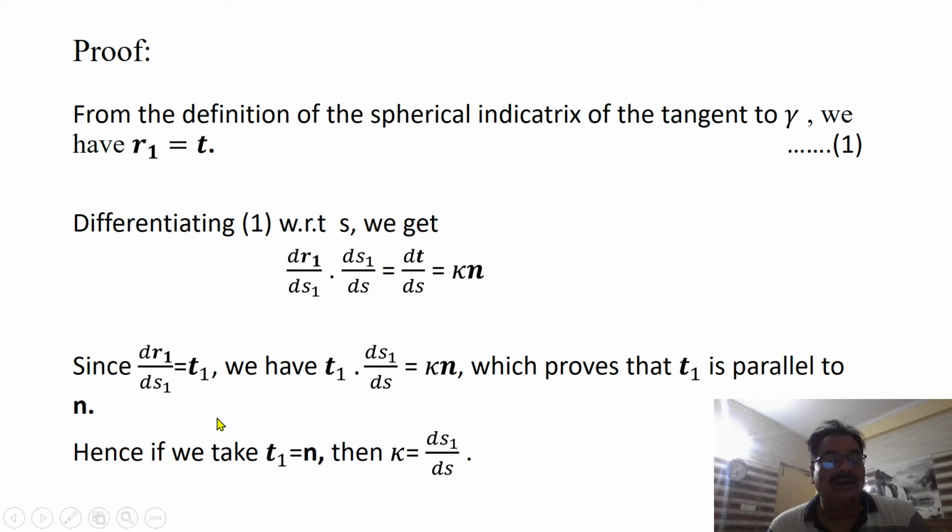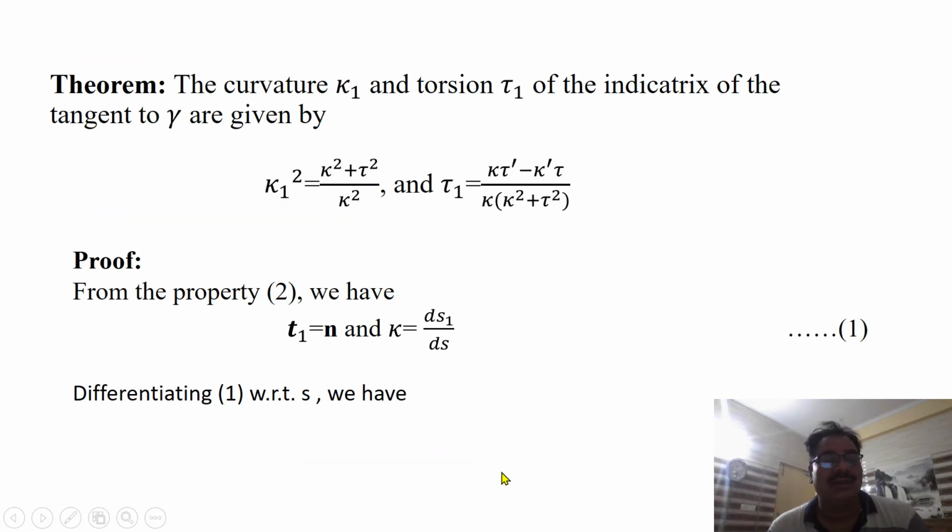Since we know that dr1 by ds1 is t1, we have t1 times ds1 by ds is equal to kn, as we know from the previous lecture, which proves that t1 is parallel to n. This is a very simple geometrical interpretation. Hence, if we take t1 equal to n, then we can write k is equal to ds1 by ds. Now let us look at the theorem.